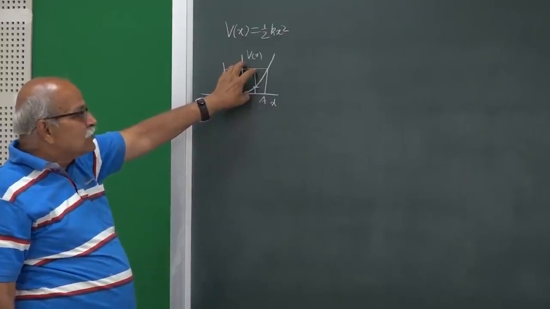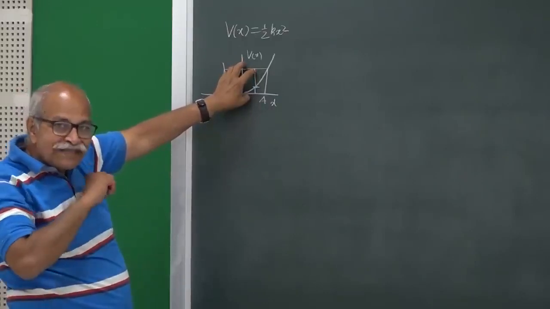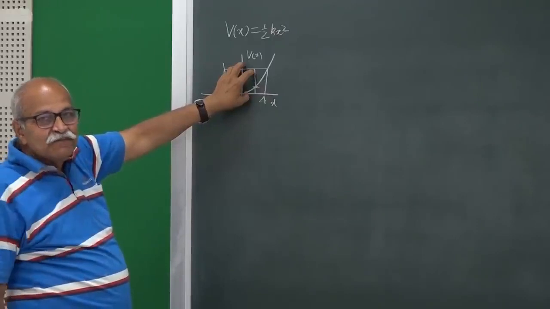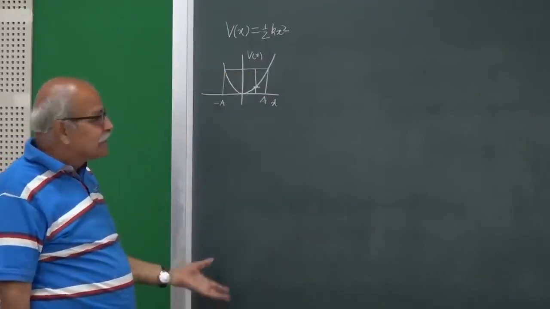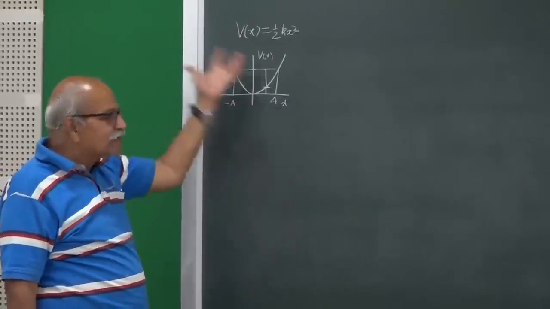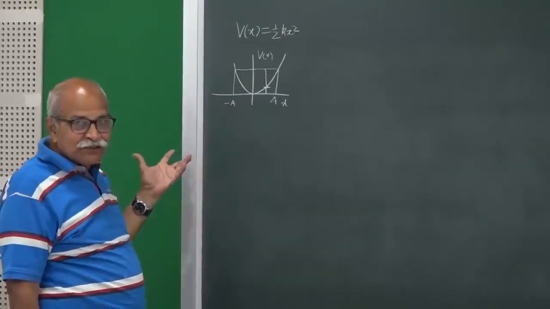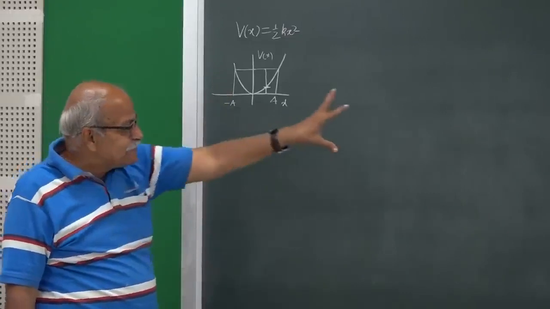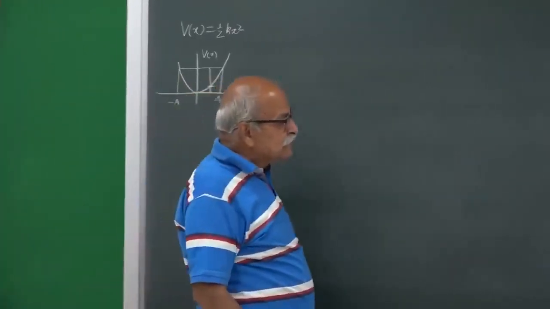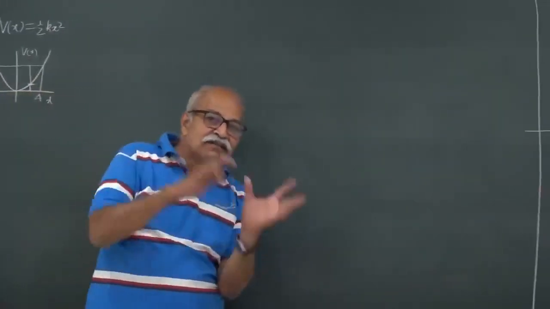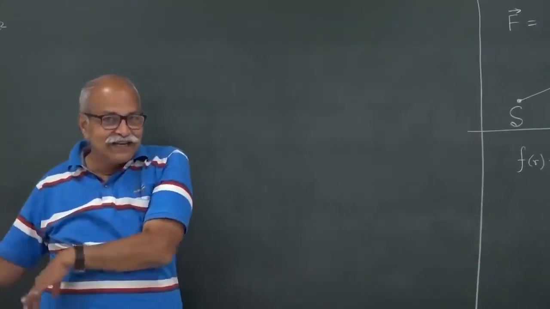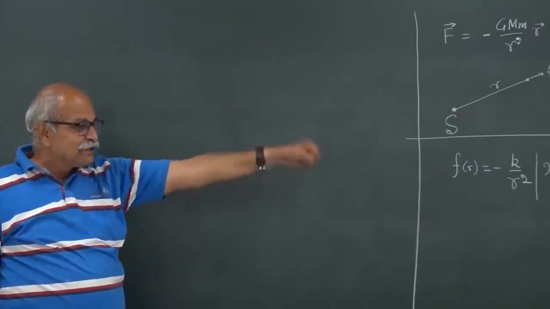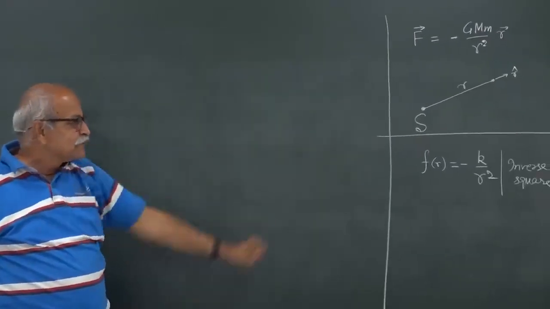But if the motion is not confined to one straight line, but it can go in a plane in different directions, then how do I plot this? So, it so happens that in this kind of central force motion, we can have a similar thing, an energy diagram, but not exactly of this kind, where I am just plotting the potential energy as a function of position.